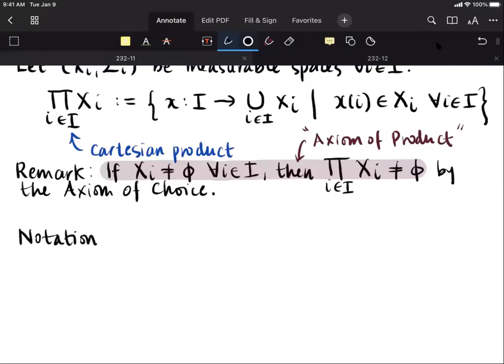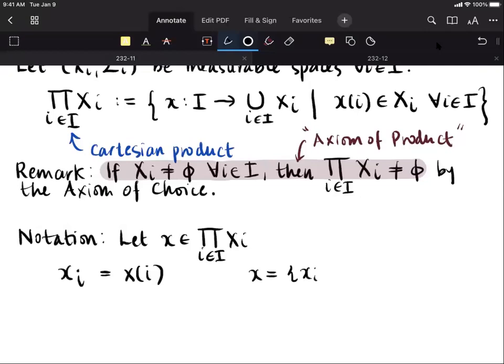So following the notation for sequences, suppose I have a function x in the Cartesian product. Instead of denoting the value by this x of I, we use a subscript, and we denote the function by this notation.